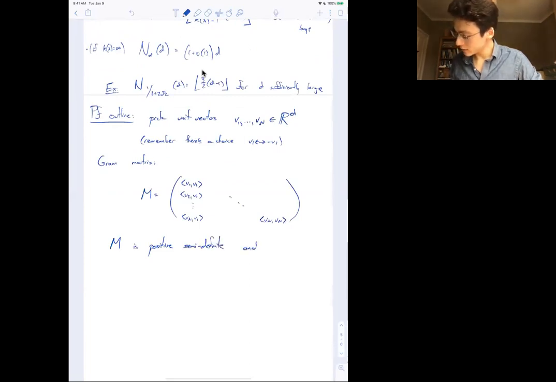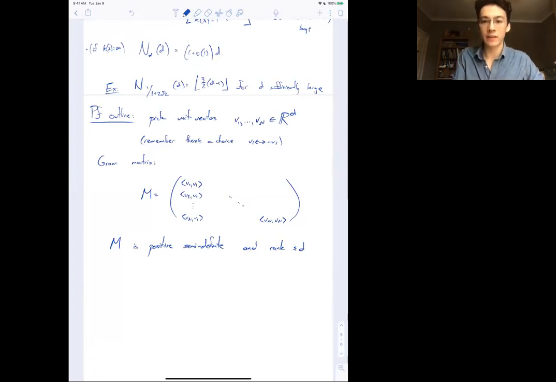And since it's the Gram matrix of some points in R^D, it turns out that it has rank at most D. And these are actually the only two constraints. If you take any n by n matrix which is positive semi-definite and rank at most D, you can come up with a collection of n vectors in R^D such that this is the Gram matrix. So this is necessary and sufficient. I haven't lost anything yet.